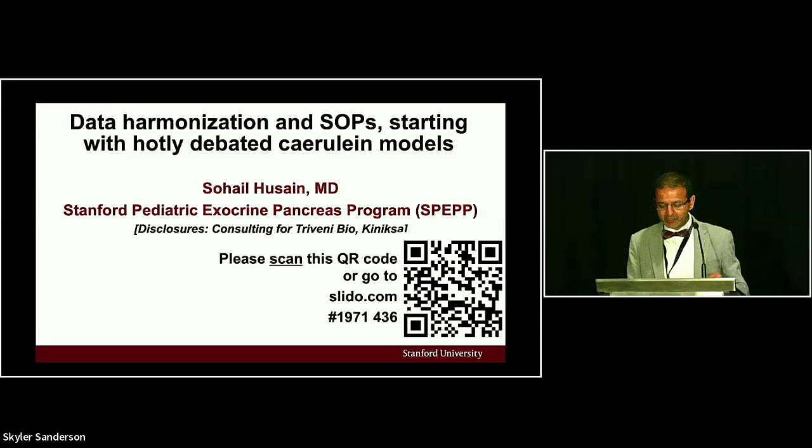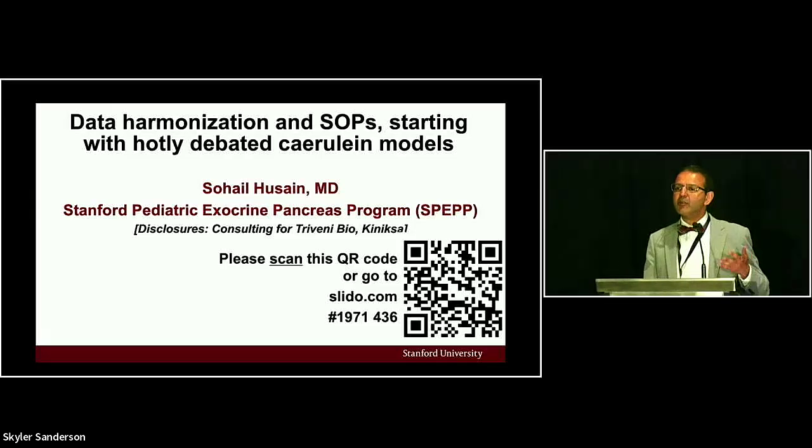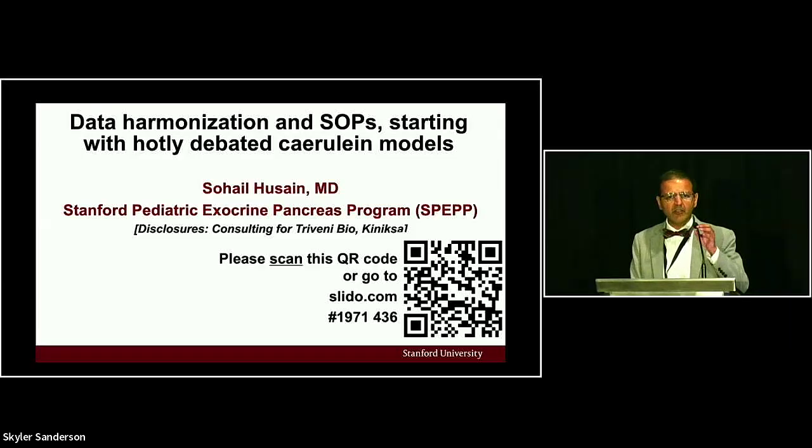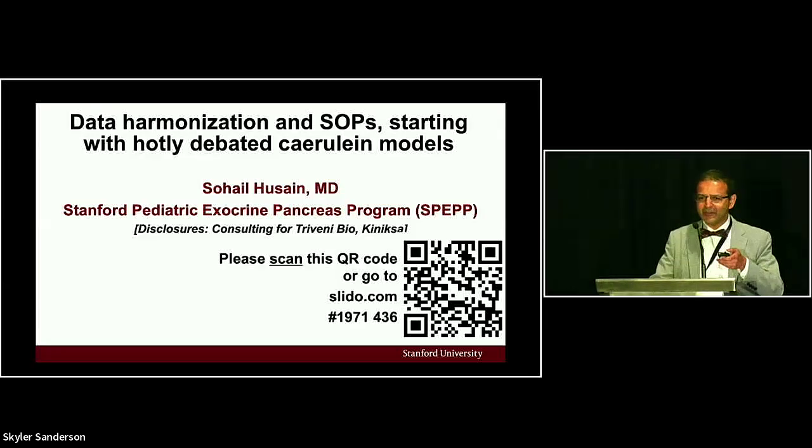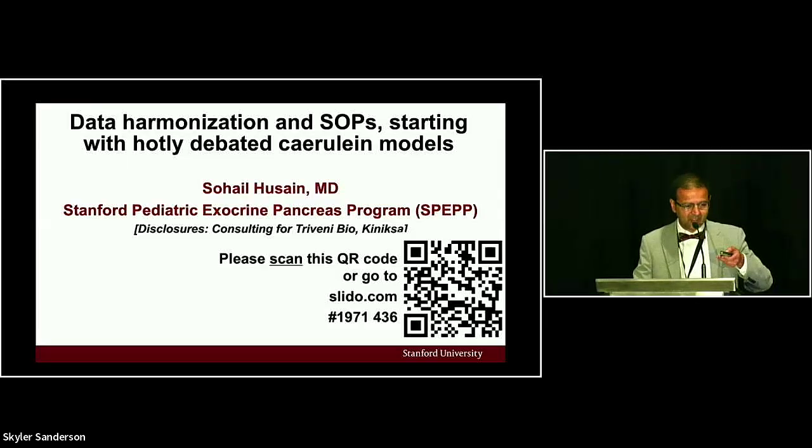As you are doing this, I'll tell you about a workhorse in the field that you've heard about over the last 3 days, cerulean pancreatitis. I'll make the pitch of the benefits, as a field, for data harmonization with this particular model as a standard operating procedure. I hope you'll see that even though it's hotly debated, there's an opportunity for us to leapfrog. With that, let's launch into this poll.